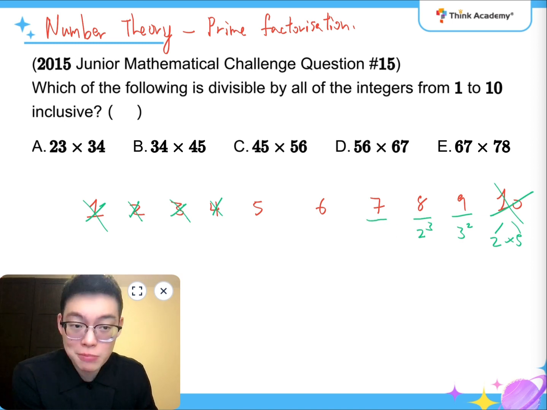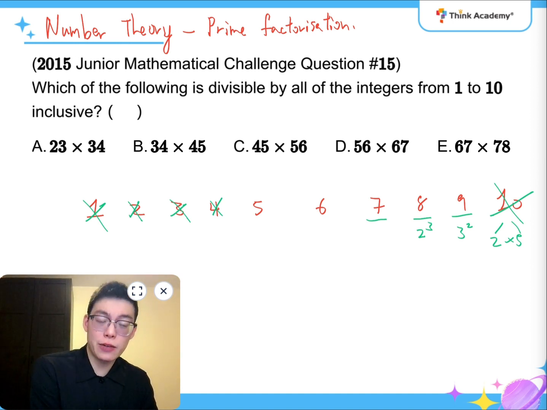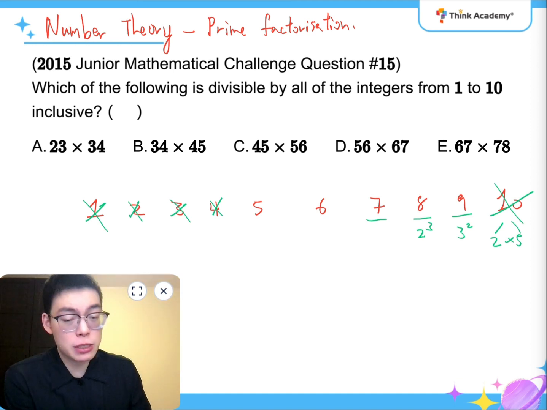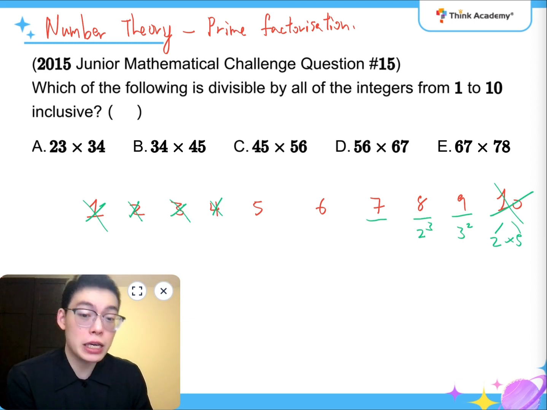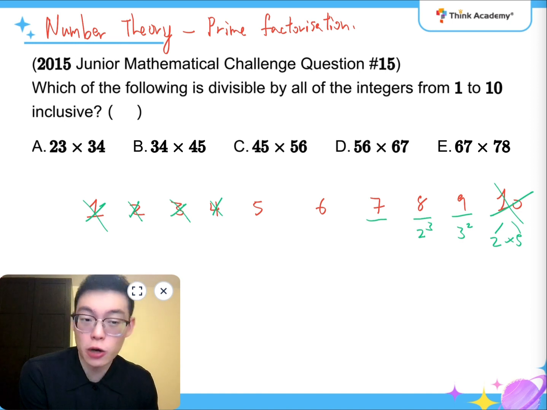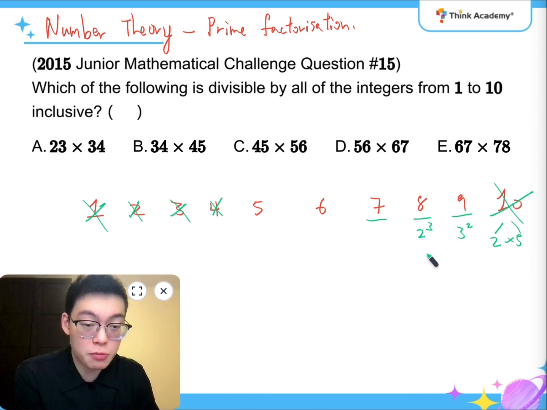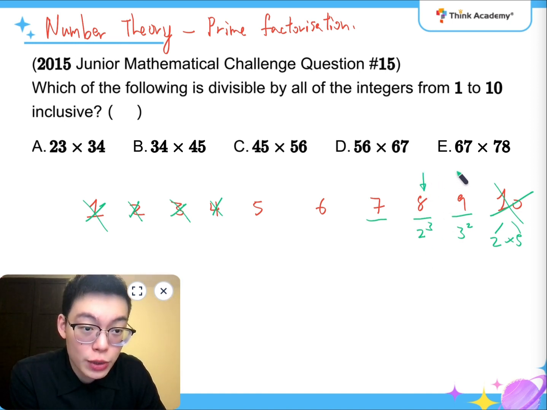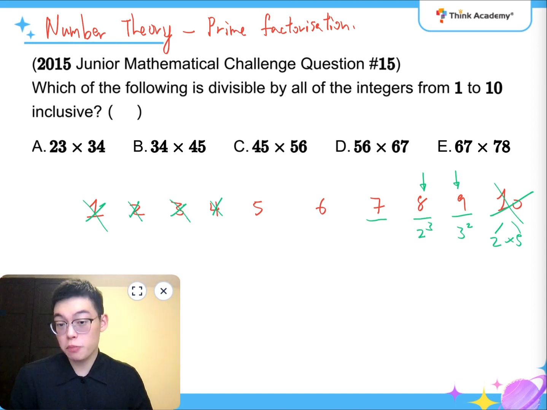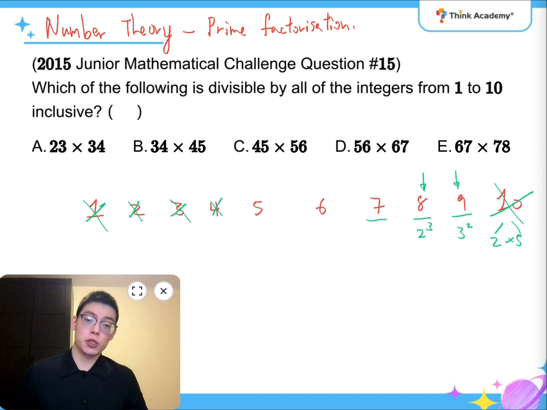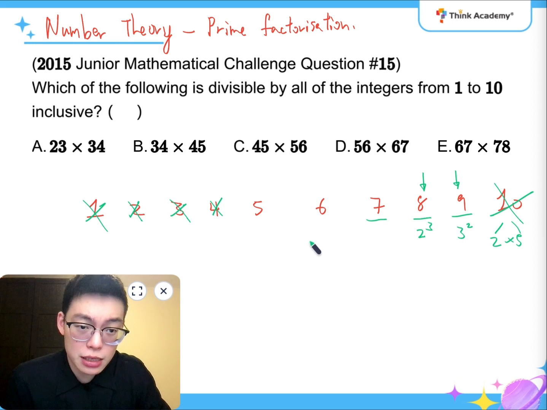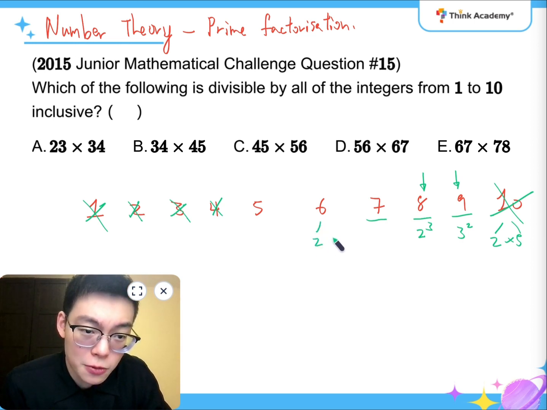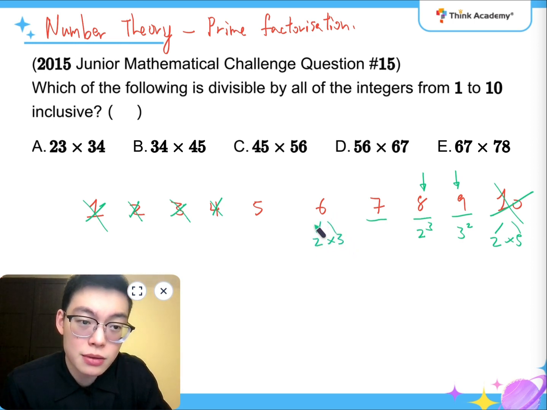So we keep it there. For 6, well, if something is divisible by 2 and divisible by 3, it will be divisible by 6. And whatever is divisible by 8 and 9, which we have left over, must also be divisible by 2 and 3, of course. So 6 is also unimportant, which can be cancelled out.